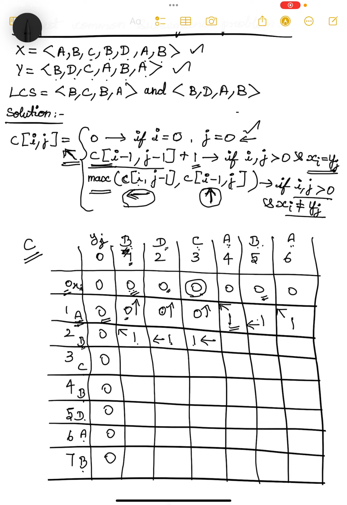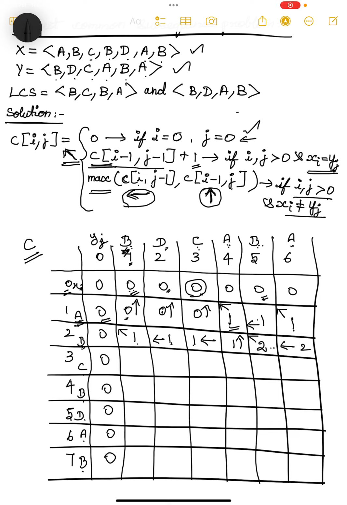I am taking this value, so 1 I am taking and an up arrow. This B and B both are same. In that case, this previous row, previous column value, with that 1 must be added, slanting arrow mark. Now A and B both are not same. 2 is maximum. Compare this and this. 2 is maximum. So this horizontal arrow mark we have to put.